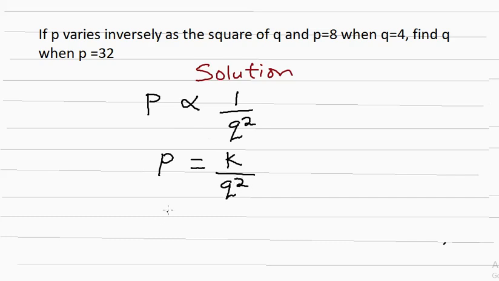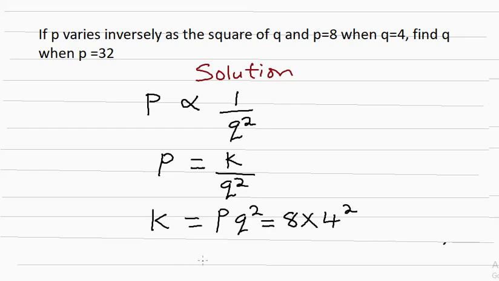And you know the next step is to make k the subject of the formula. We'll do that by cross multiplying. If I cross multiply, k is going to be equal to p q square. So putting the values of the initial value of p, which of course is 8, then multiply by the initial value of q, which is 4 square.